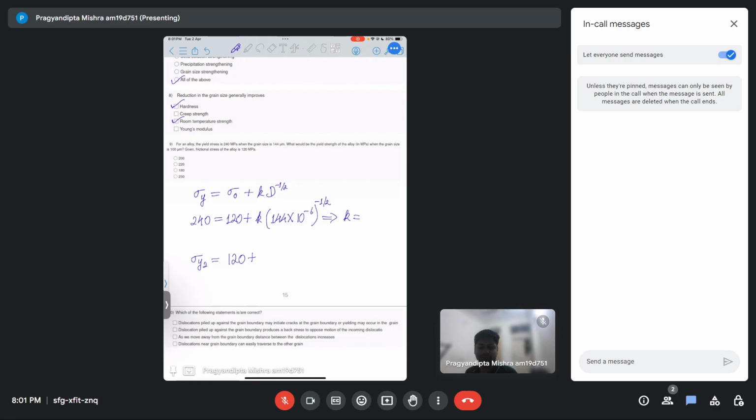So I'm getting 1.44, that's direct. 1.44 MPa meter to the power half. So let me just rewrite this.